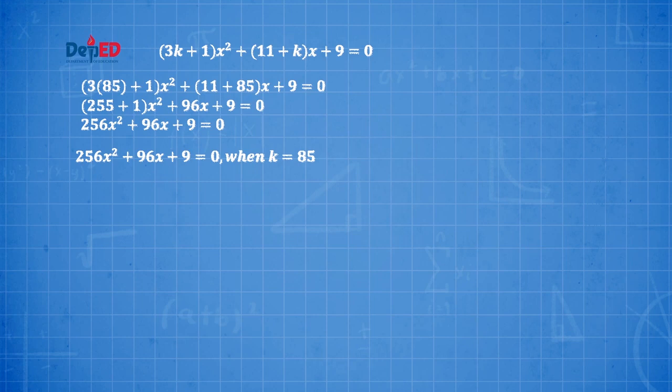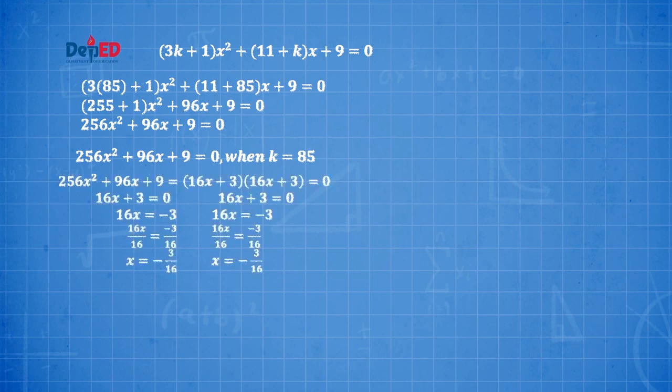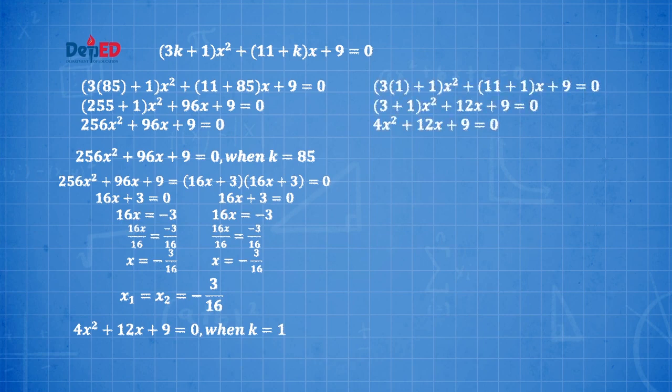Its roots are equal. x sub 1 and x sub 2 are both equivalent to negative 3 over 16. 4x squared plus 12x plus 9 equals 0 when k is equal to 1. Its roots are also equal. x sub 1 and x sub 2 are equal to negative 3 over 2.